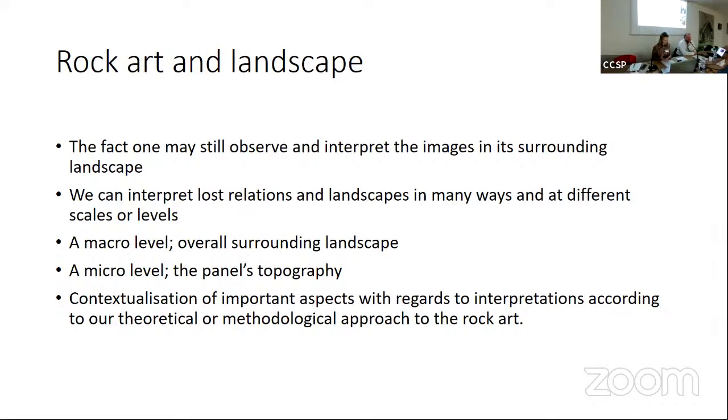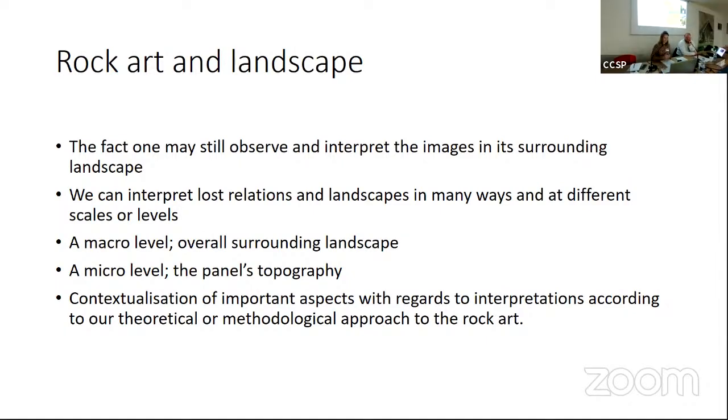So the landscape can provide us with information and contextualize important elements. So in this session, we want to enlighten this aspect of rock art research and encourage you to present different ways of seeing rock art and landscape as an important and intertwined duality.